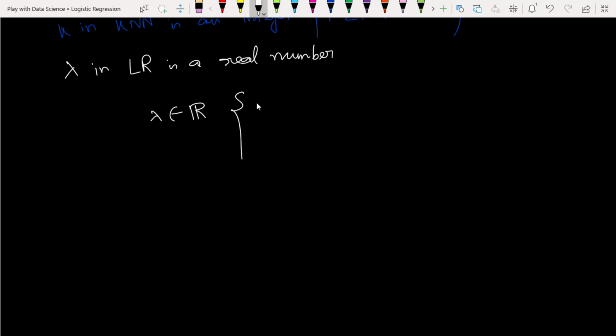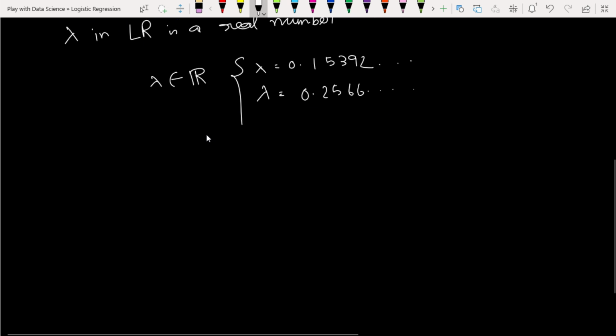Lambda is something like 0 point something. Suppose 1.5392 or 2.566, any value you can take, because lambda is a real number. So in such cases we use the grid search technique.